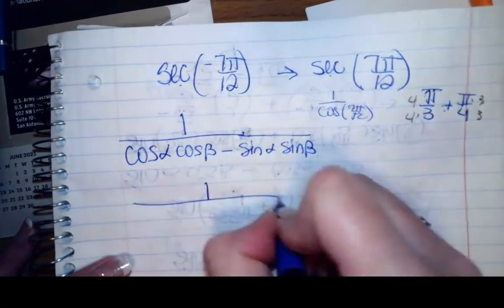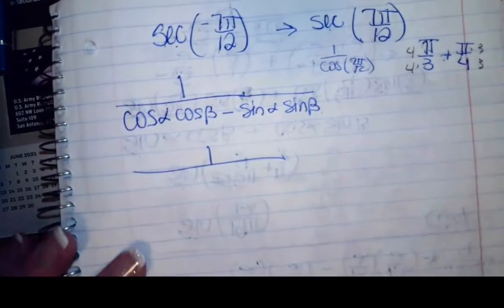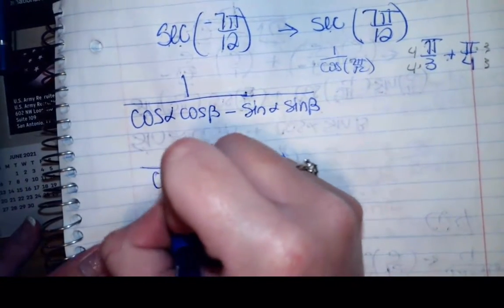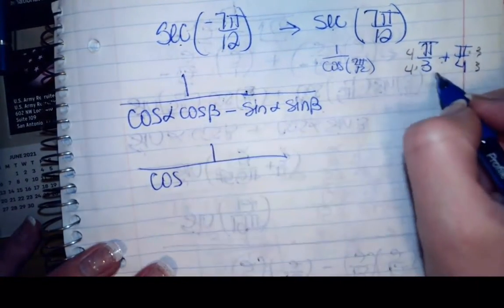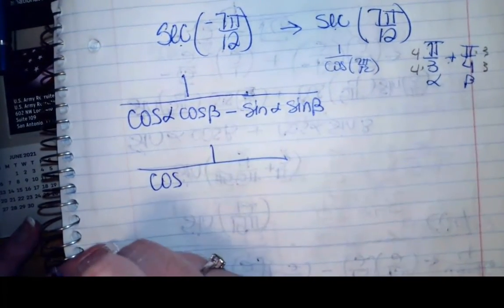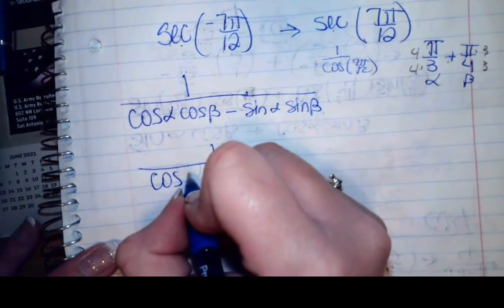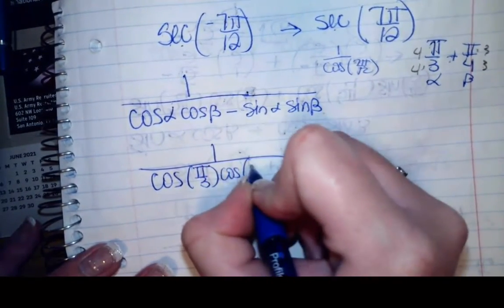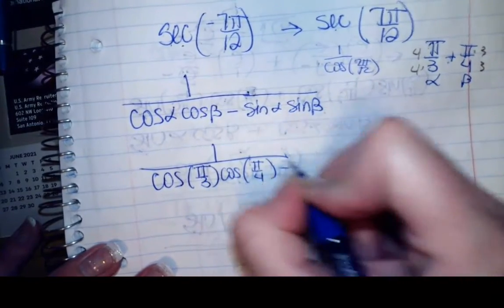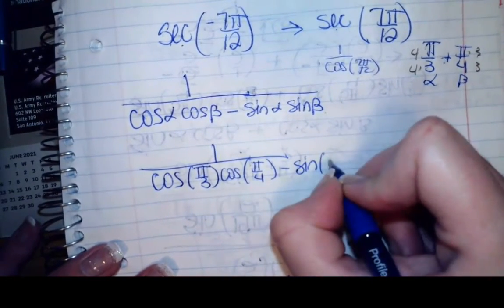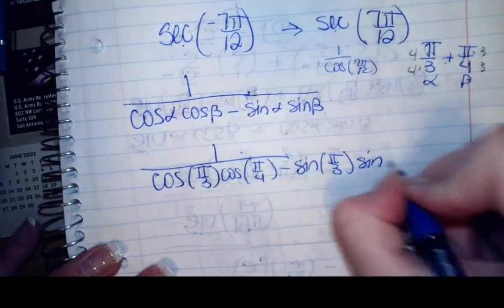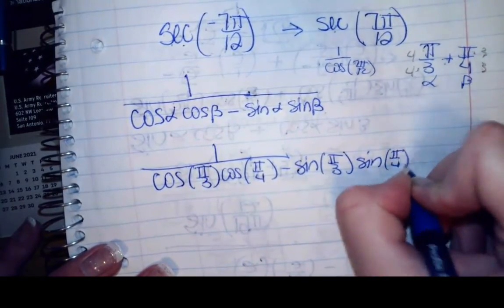So my next step is going to be, well, what's the cosine of alpha? My alpha, let's just rewrite it again so you can see what's happening, is going to be pi over 3, and my beta is pi over 4. So the cosine of pi over 3 times the cosine of pi over 4 minus the sine of pi over 3 times the sine of pi over 4.